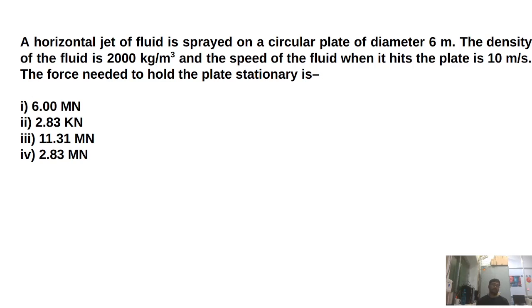First of all we need to understand that since this horizontal jet of fluid is spread on the circular plate, it will give some impulse or force to the circular plate. Now if we need to hold the plate stationary, we have to impart the same amount of force just opposite to the force already applied to the plate, so that the net force on the plate is zero, and that is the necessary condition for stationarity, correct?